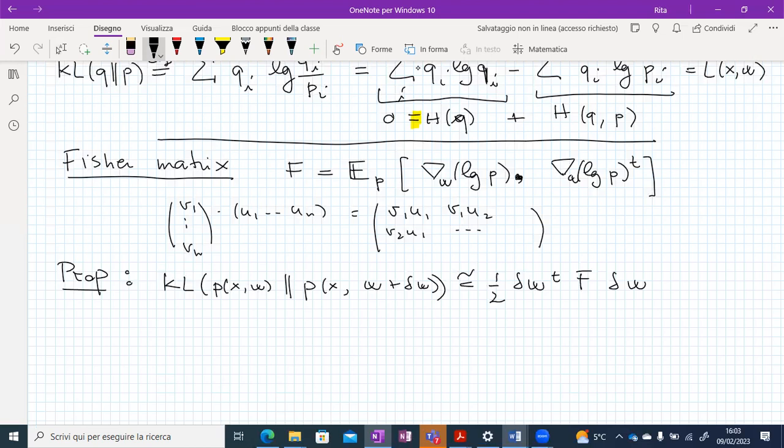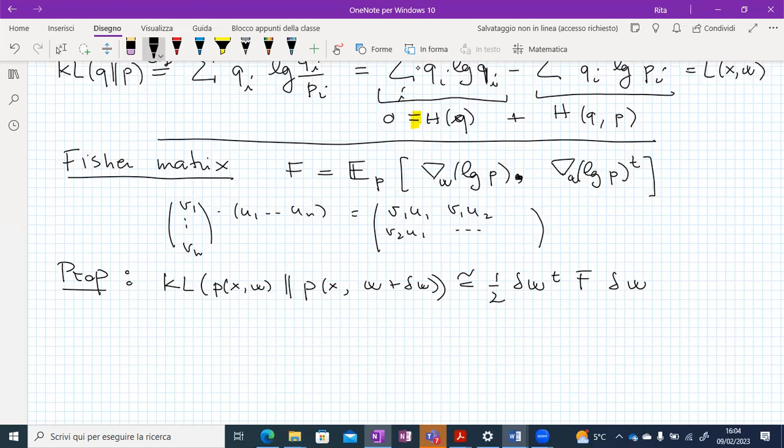So we approximate the difference between the probability in a point of the parameter space and the probability with a little variation with the Fisher, with that.